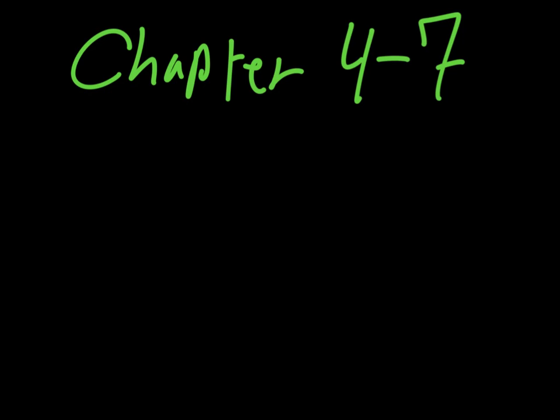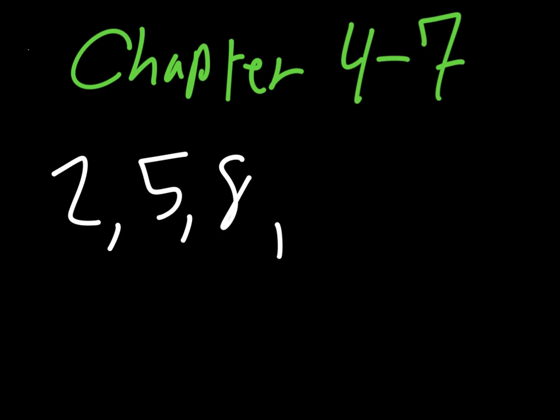And then, let's get to an example because words are boring. Okay, so if I have the pattern 2, 5, 8, 11. Now, what we can notice is there is some type of special difference between these numbers, right?